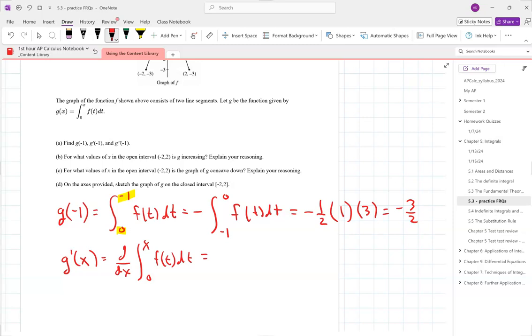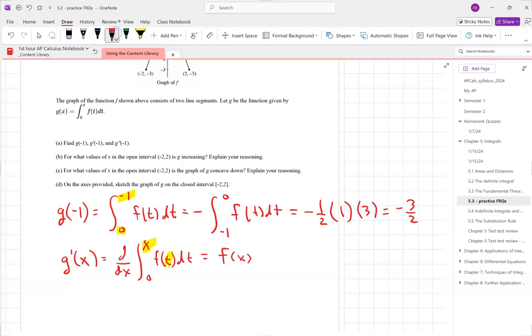What does the fundamental theorem of calculus part 1 tell me about the derivative of an integral? They cancel each other out, and I'm left with just f of x, right? Is everybody okay there? That when I do that, the variable in the bound becomes the variable in my function.